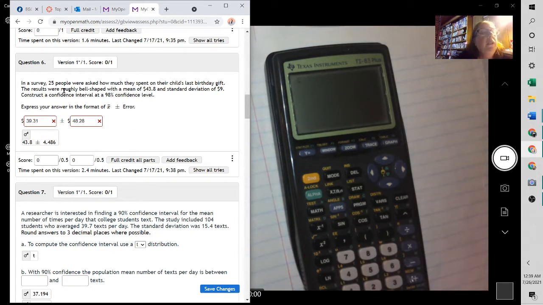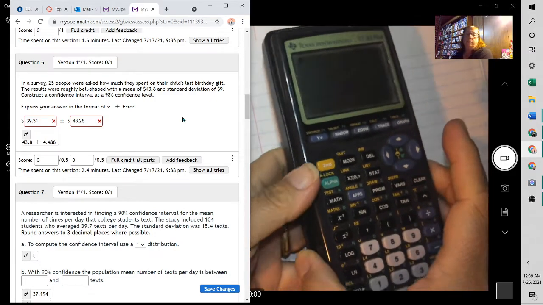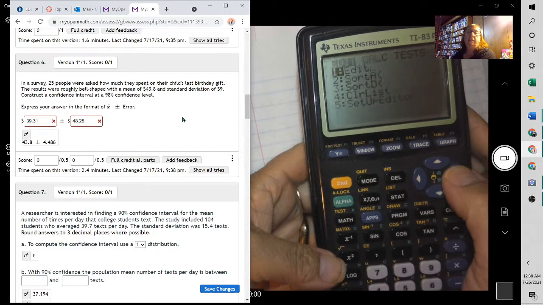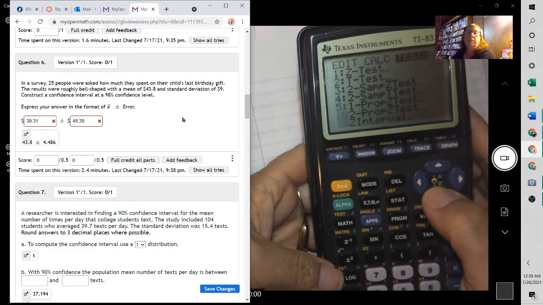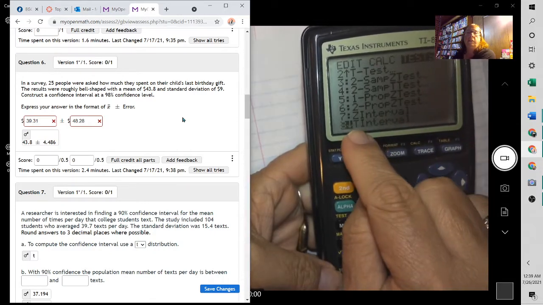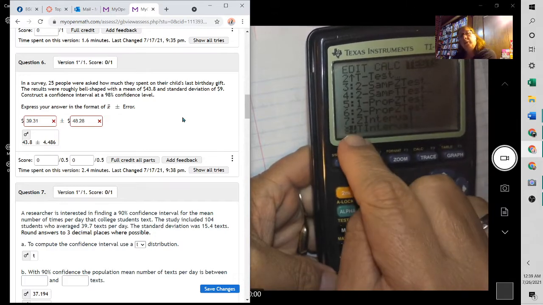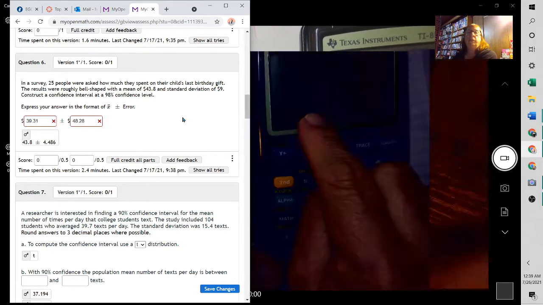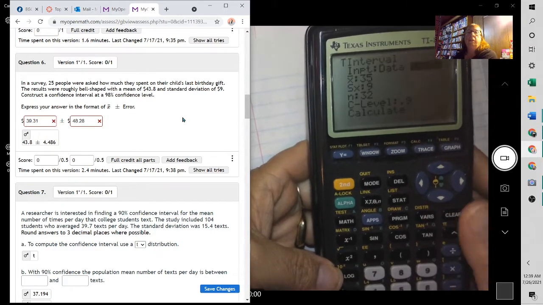But this one, notice that the standard deviation is from the sample, and the sample size is small. So instead of Z, when we go into stat and over to test, instead of the Z interval, you need to use the T. The one before, they gave us population standard deviation, so we could use Z, but this one has to use T.